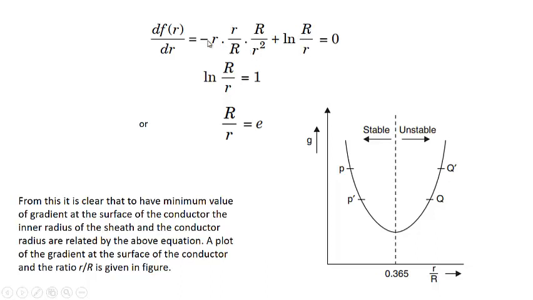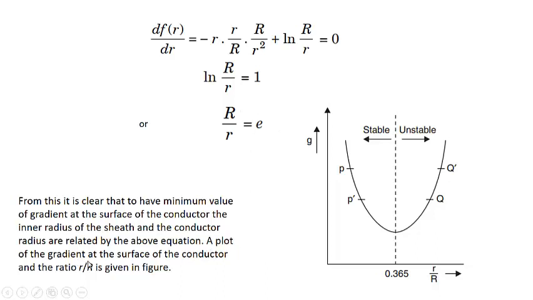The r square will cancel out, r and r will cancel out, which means ln of R by r is equal to 1, so R by r is equal to e. From this it is clear that to have a minimum value of the gradient at the surface of the conductor, the inner radius of the sheath and the conductor radius are related by this equation.